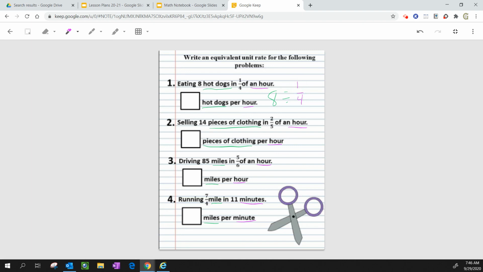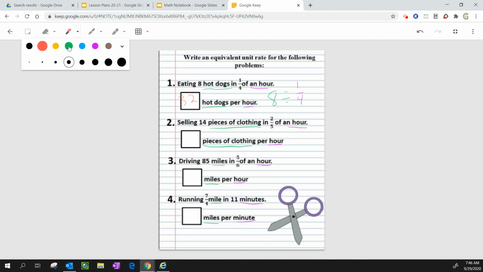So again, you have your calculator. Press 8 divided by 1, ABC, 4, and when you do that, you will come to our answer of 32. So again, it's 32 hot dogs per hour because we did hot dogs divided by hours.